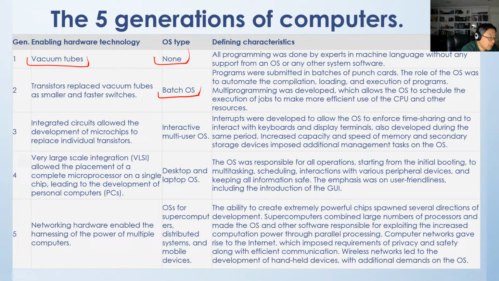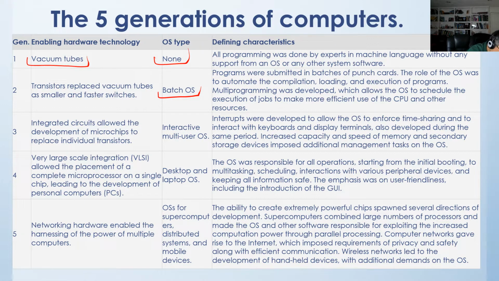Okay, and then the third generation used integrated circuits. It allows the development of the microchip to replace individual transistors, so they can integrate thousands, multi-thousands, or even millions of transistors into a small component.